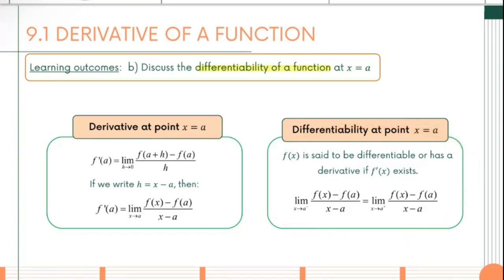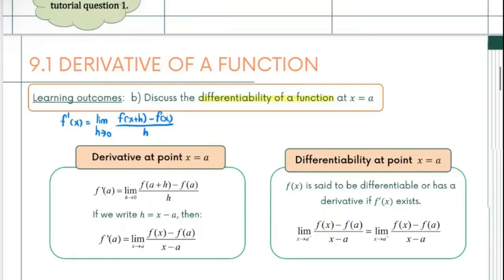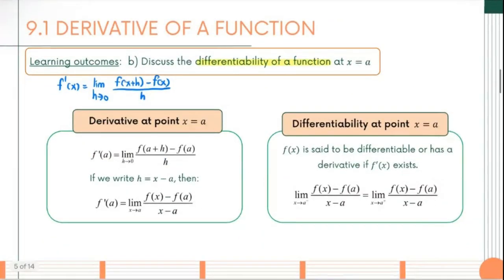Okay, so first of all, tadi berdasarkan formula f prime x equals to limit as h approaching 0 of fx plus h minus fx divided by h. So this is our formula untuk derivative kan? Okay.